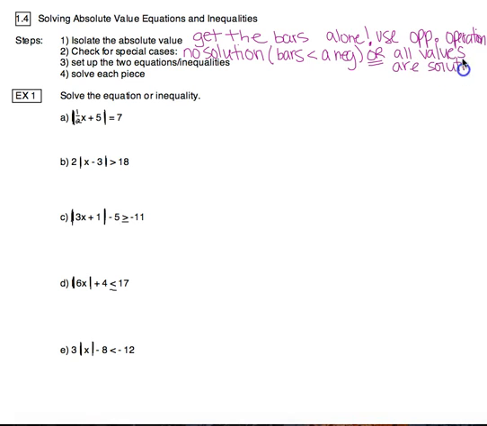In Algebra 1, we called that infinitely many solutions. They mean the same thing. All values are solutions happens when you have bars greater than a negative.